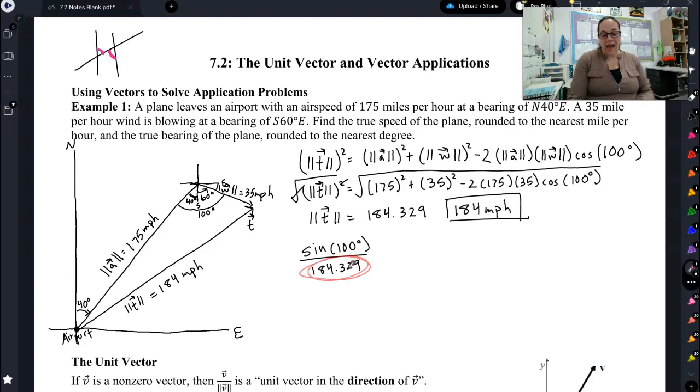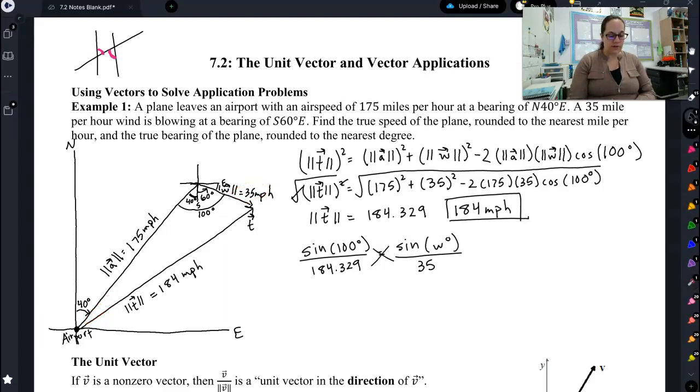I'm using my accurate answer to make sure that my final answer is as accurate as possible. Equals sine of, let's call this the wind angle because it's across from the wind vector, over the wind side is 35. So this one, sine of 100 over this one equals sine of this one over 35.